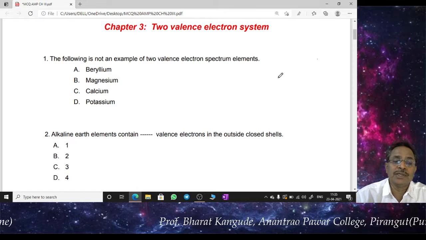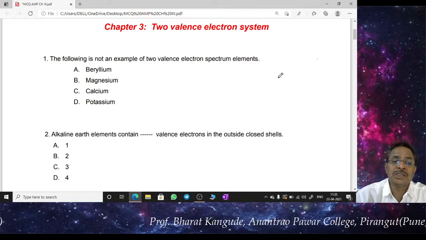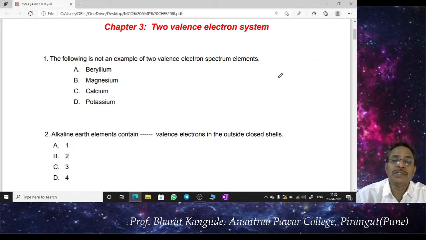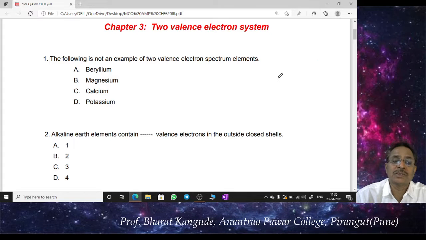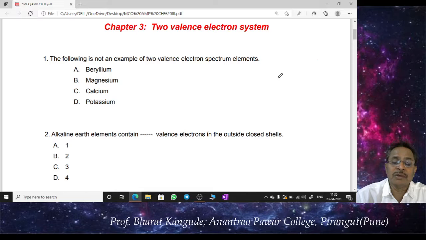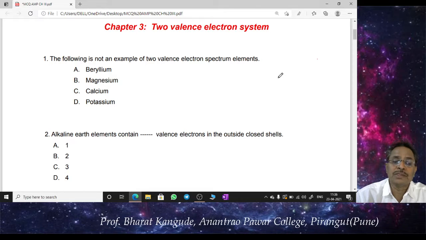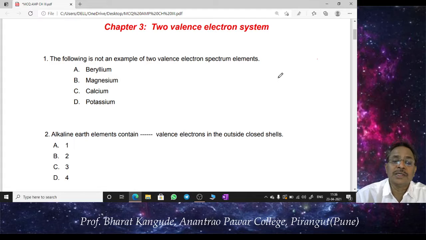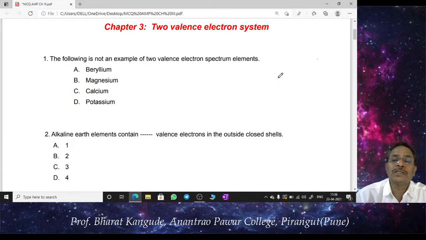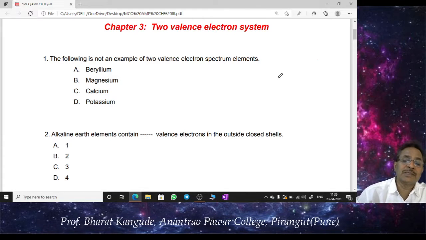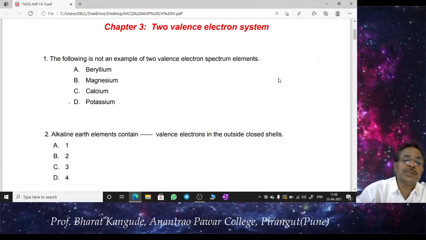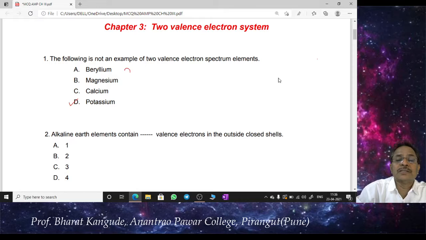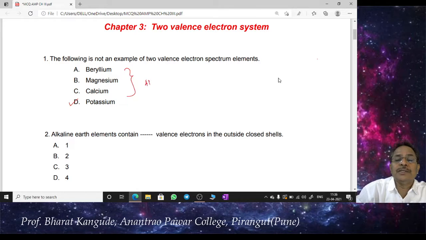Therefore beryllium, magnesium and calcium are all alkaline earth elements having two valence electrons, and in this group potassium doesn't fit. So it is not an example of a two valence electron spectrum element, and therefore the correct option is D. All other elements are alkaline earth elements.